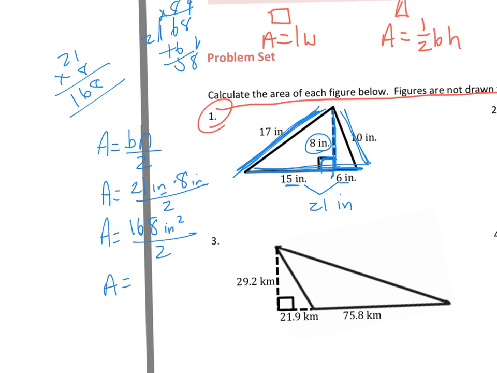And I'm going to end up with 84 inches squared. So that's the area of the whole thing, because I added my 6 and my 15 together at the beginning to get my 21. So there's my first one of 84 inches squared.